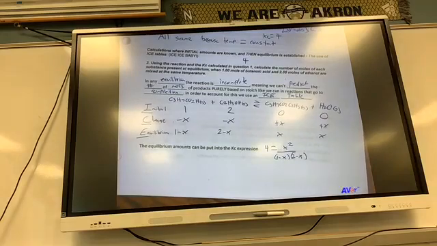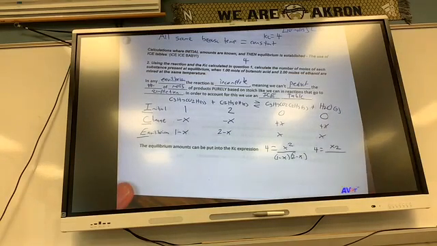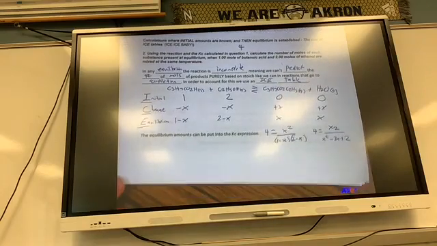Now I've got to do some multiplying and factoring. So 4 equals x squared over x squared minus 3x plus 2. I'm just doing algebra.